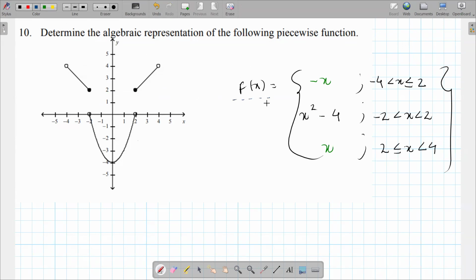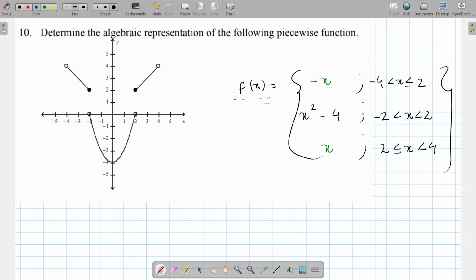It's a piecewise function. All right, is this function discontinuous or is it continuous? Discontinuous. Where? X is -2, 2. Yes. What type of discontinuity do you have?